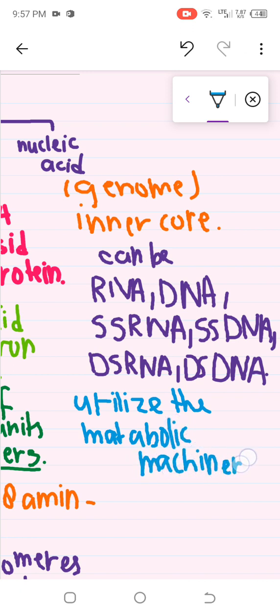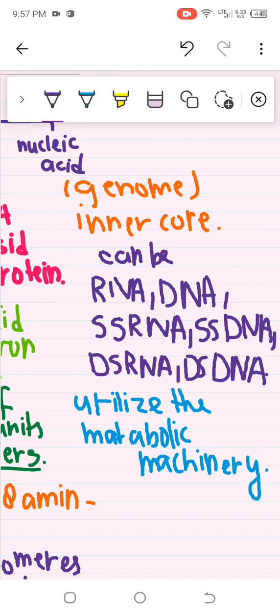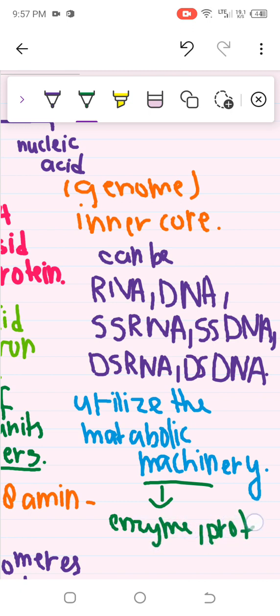It includes enzymes, proteins, and ribosomes too, which form the proteins.